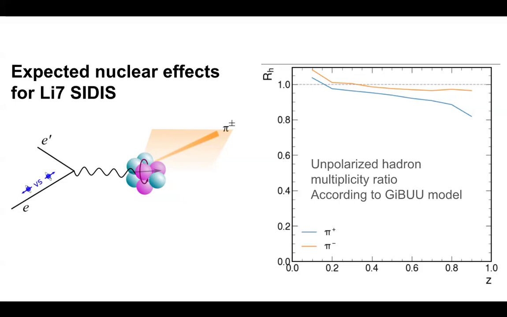Although it gets very nasty very quickly, because if you want to get a prediction, you also need to convolve the fragmentation functions. And those, in principle, I guess, are also spin dependent, and it's going to get very, very nasty. So the interpretation of these measurements is not going to be easy, I take that for sure.